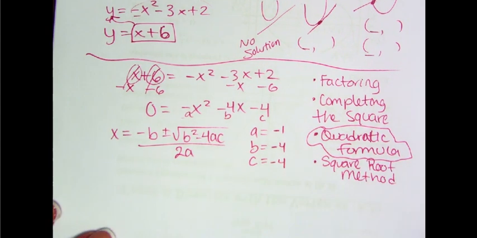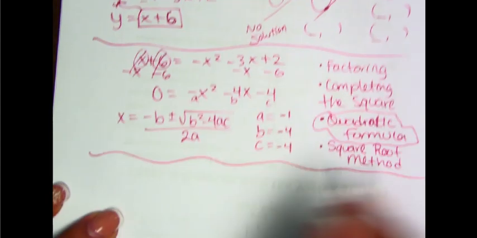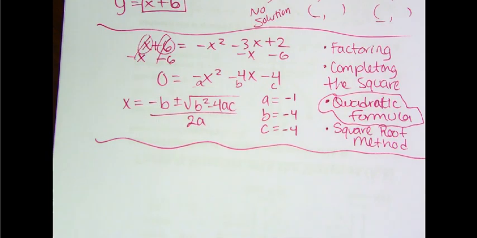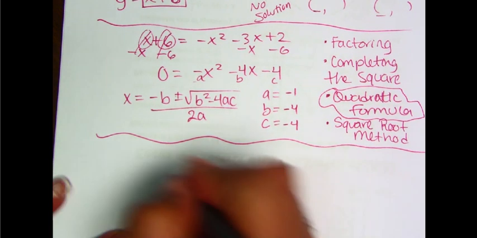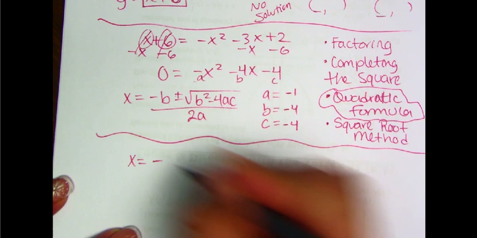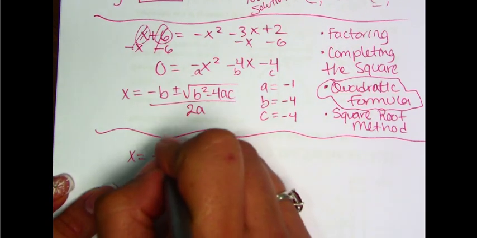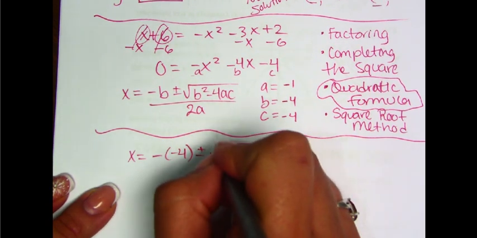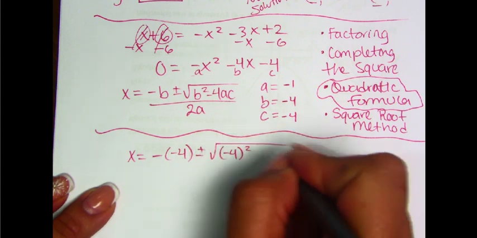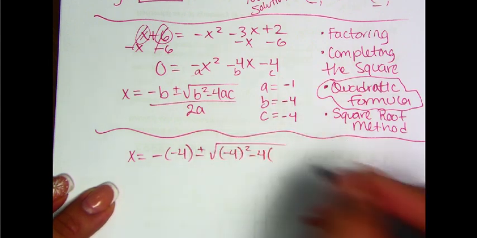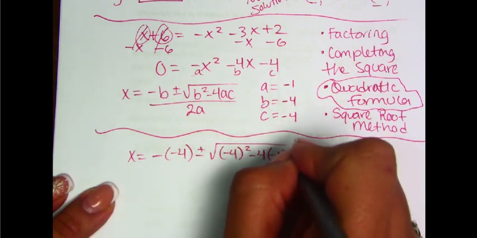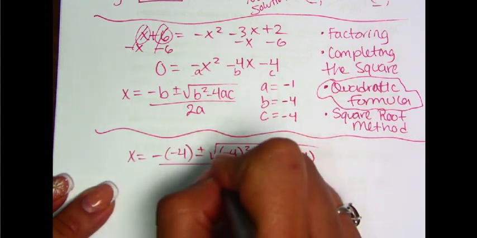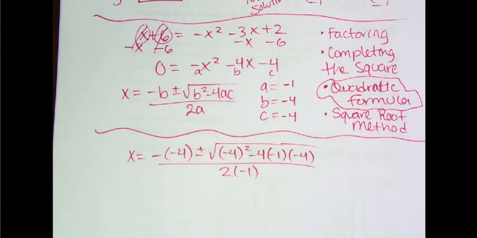We substitute these values into our formula: x equals negative 4 plus or minus the square root of negative 4 squared minus 4 times negative 1 times negative 4, over 2 times negative 1.